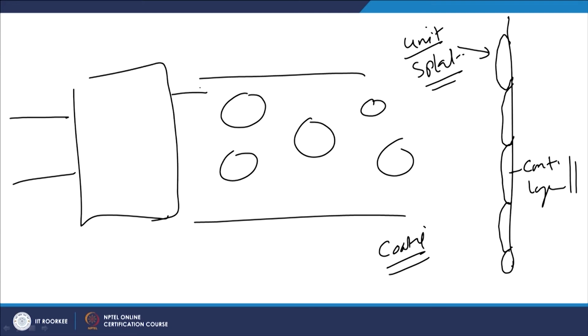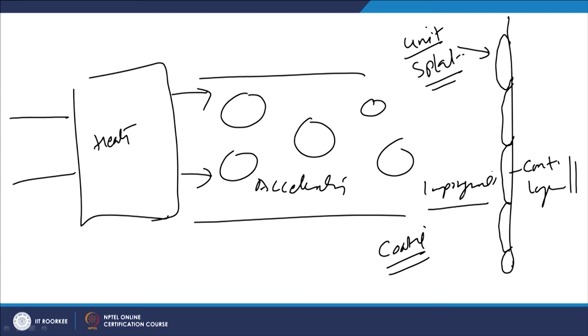So, this is how the process works: the raw material is fed in the process chamber and then it is accelerated. So, heating, then acceleration, and then finally impingement of these particles with the surface of the substrate. These are the key things.